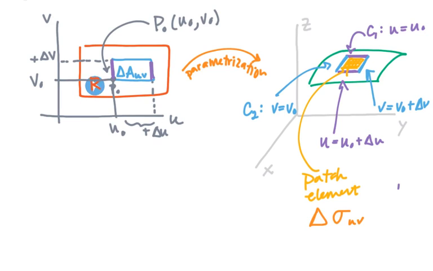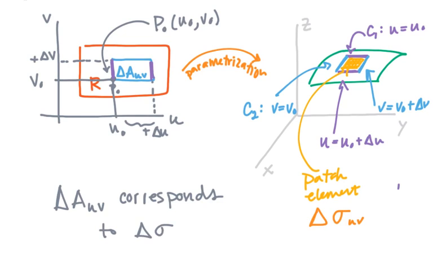So we've got our R region in the UV plane. A delta A represents the area of a rectangle, which we map to that surface and creates this surface area patch element. So that delta A sub UV corresponds to delta sigma UV.